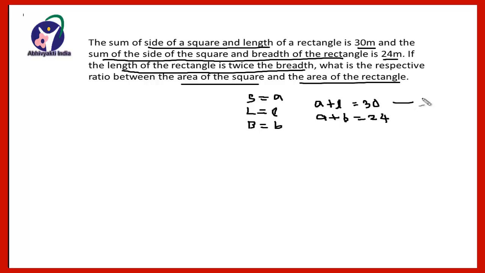Let this be number 1 and this is number 2. If you solve these two equations simultaneously, subtract 1 and 2, so A will get cancelled, and here it will be L minus B, that is equal to 6, and therefore L is equal to 6 plus B.